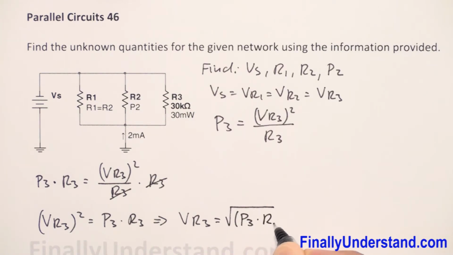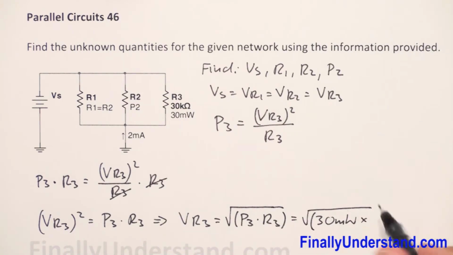Okay, and I'm going to obtain VR3 equal to the square root of P3 times R3. So this is equal to the square root, open parenthesis, P3, we have 30 milliwatts, times R3, which is equal to 30 kilo ohms.